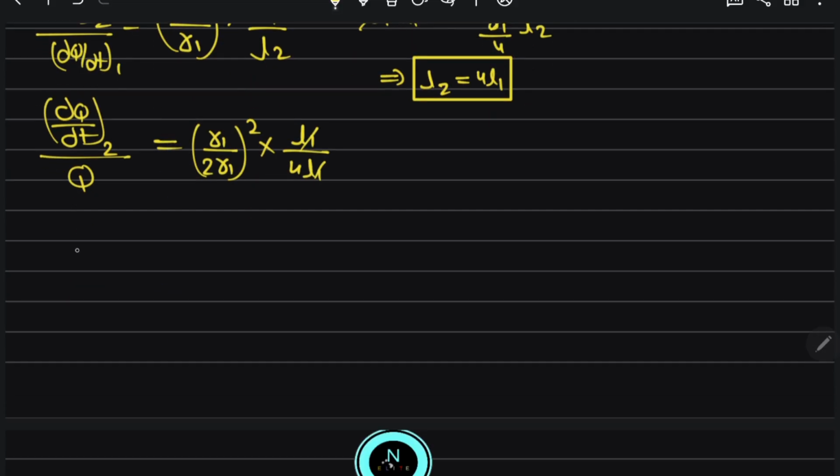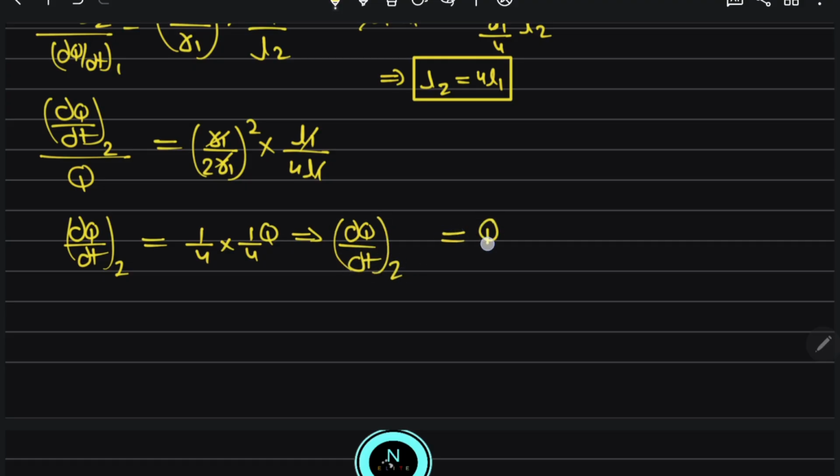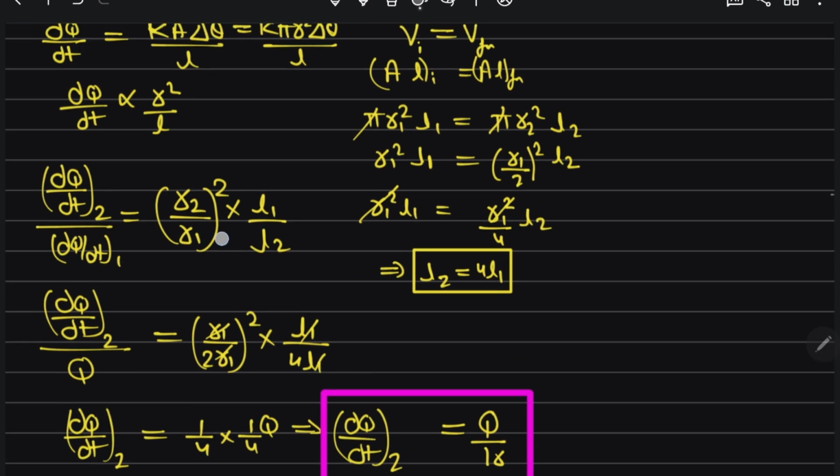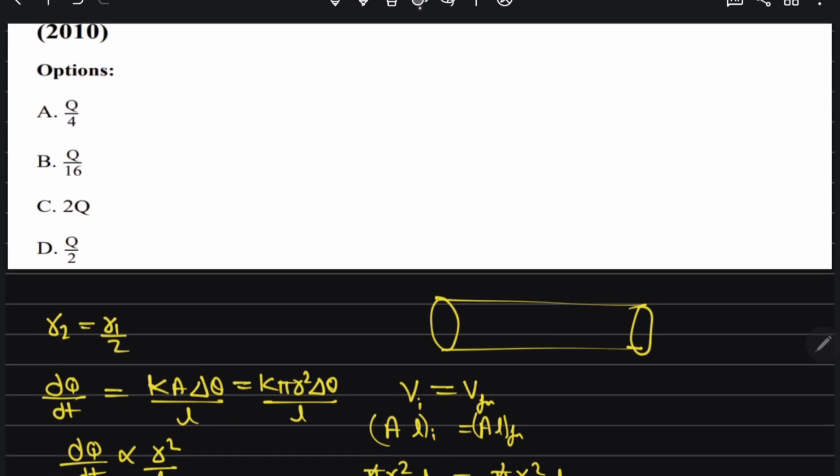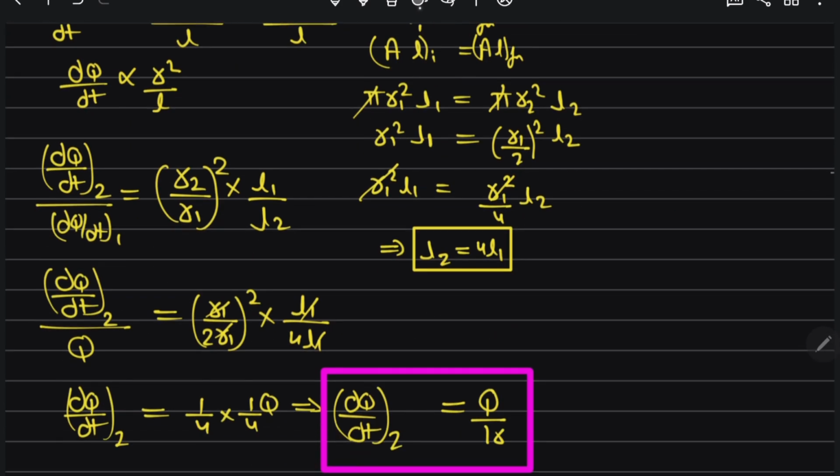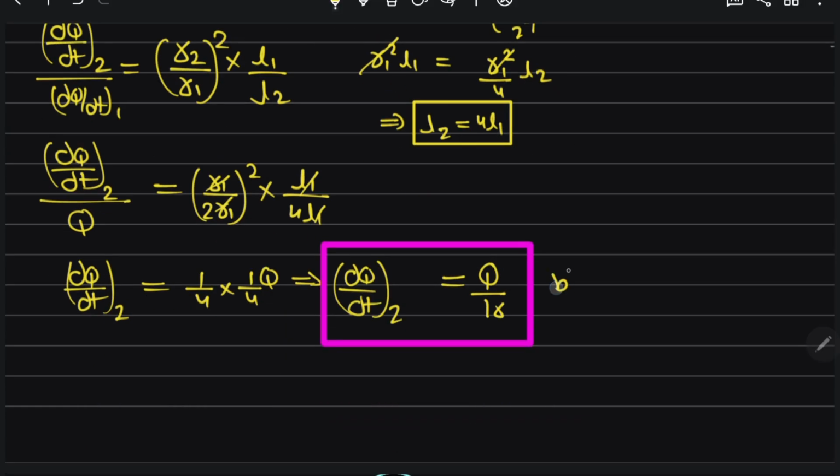So this comes out to be 1 by 4 into 1 by 4 into Q. So dQ by dt for second is equal to Q by 16. So option B is correct.